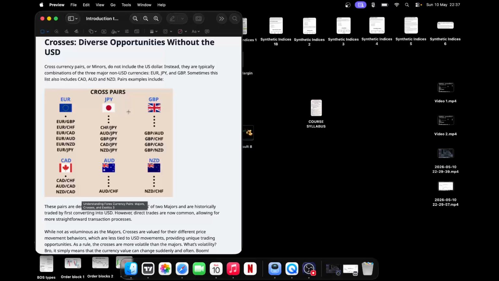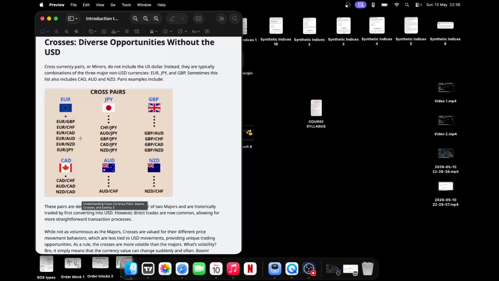Now we have what we refer to as cross currency pairs. You can call it cross currency pairs or minor currency pairs. As I've told you before, they do not include US dollars. So instead of Euro USD and GBP USD, you now trade Euro against GBP, or Euro against Swiss franc.